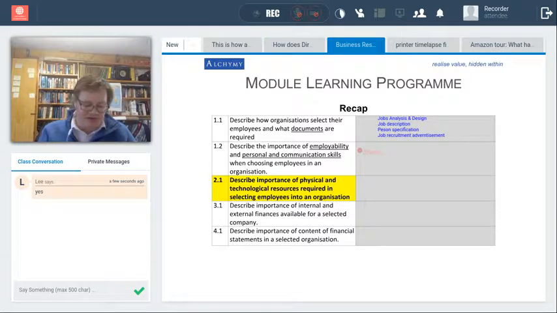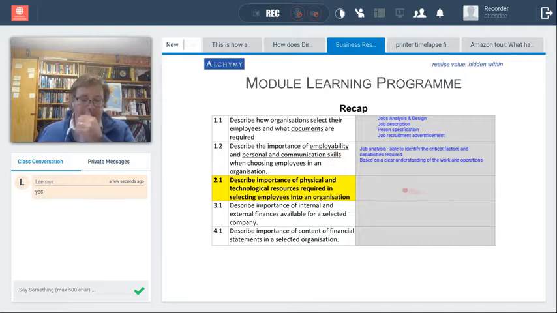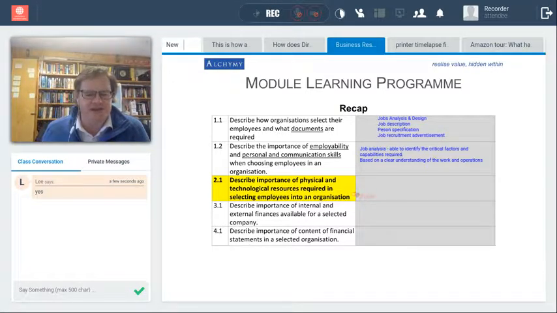And we should only be able to do that based on a clear understanding of the work and operations. Okay, so that should help us in terms of our ability to set up a recruitment campaign. Now we're going to talk about the importance of physical and technological resources.